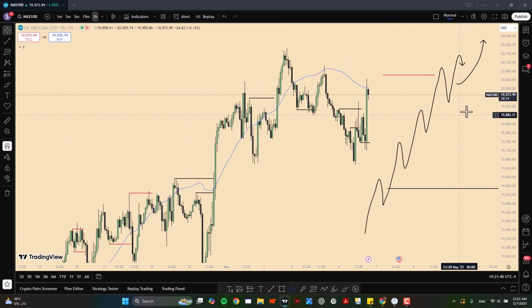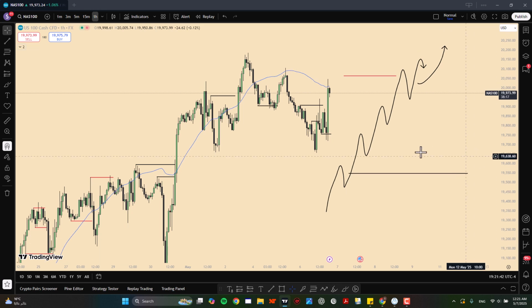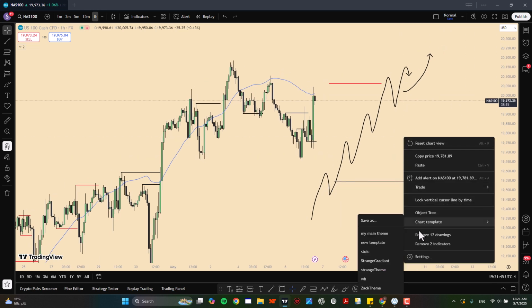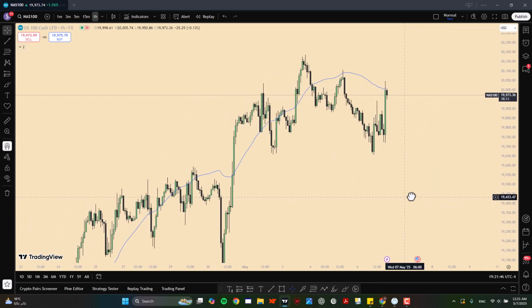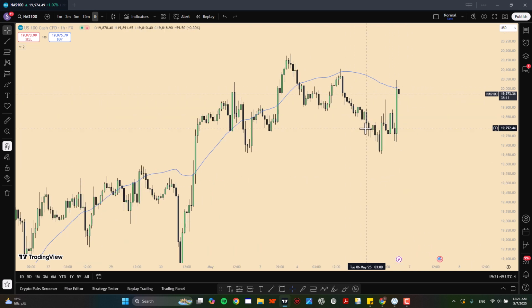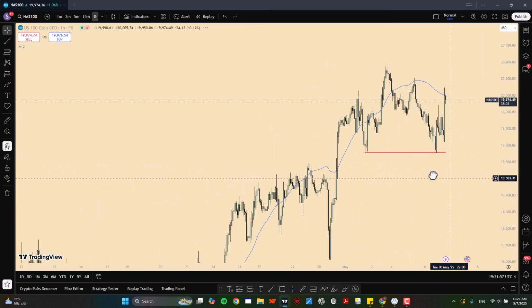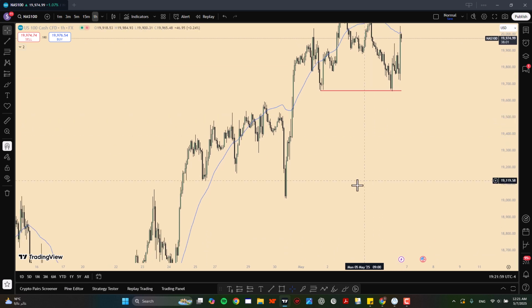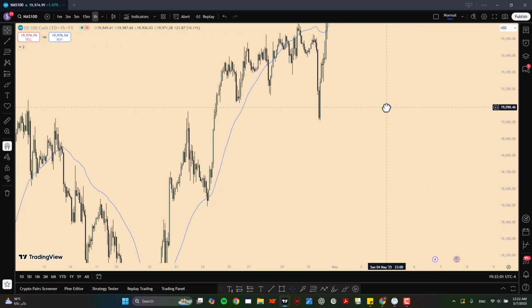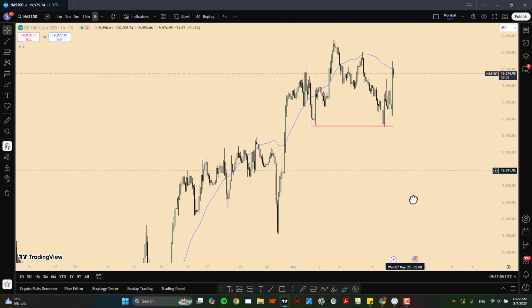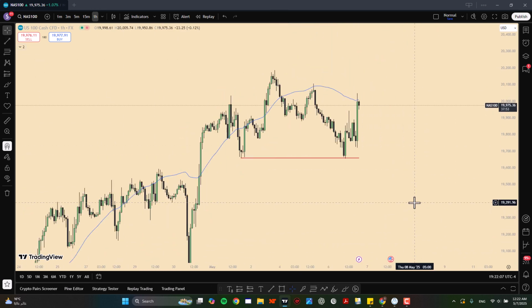All right, so this was the first filter basically, and I believe that you can apply it to any strategy. I don't think this is specific to anything, so whatever strategy you're using, I believe that some market structure is essential to it. Again, I can go back forever and show you this filter, and it is just amazing how frequent it is.